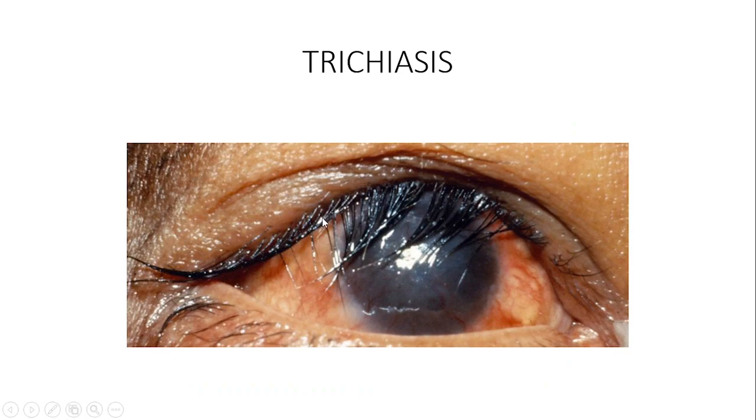Look at these other eyelashes, okay? You realize that instead of moving forward and curving upwards, they are rather turned backwards onto the ocular surface, impacting negatively on the cornea. So this is known as what? Prechiasis or trichiasis, okay?